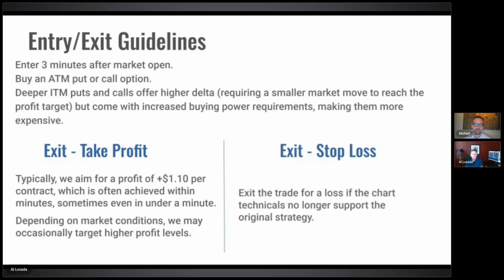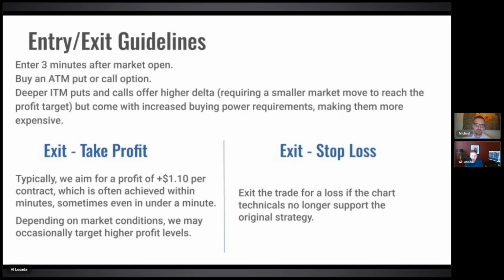And what happens if you don't achieve the target? I'm rather patient with my trades. I think the subscribers on our channel can confirm that I can be very patient with the trades because I have a very high winning rate. Let's say around 9 out of 10 options actually achieve the target.